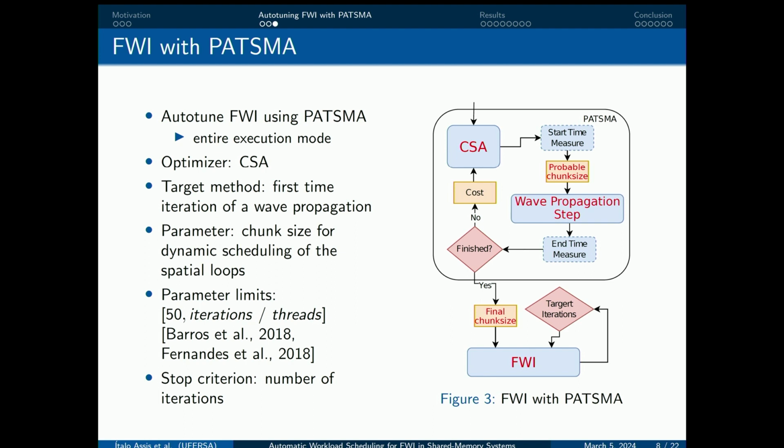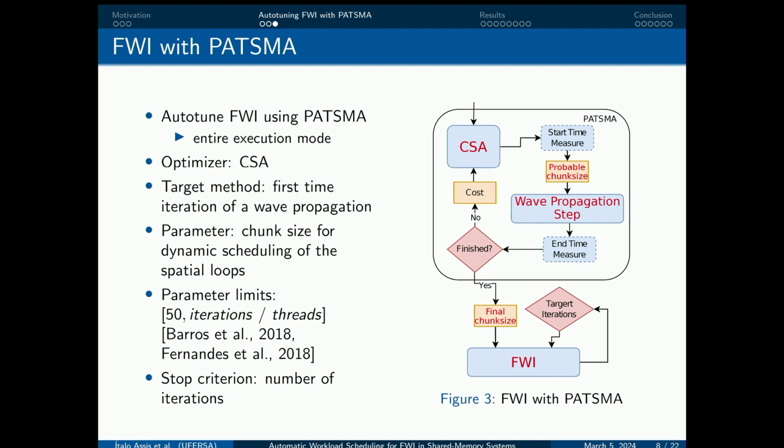We do the whole optimization beforehand using coupled simulated annealing, to optimize the chunk size for loop scheduling, as we saw before. And once we have an optimized chunk size, we run the whole FWI using the chunk size defined by optimization.